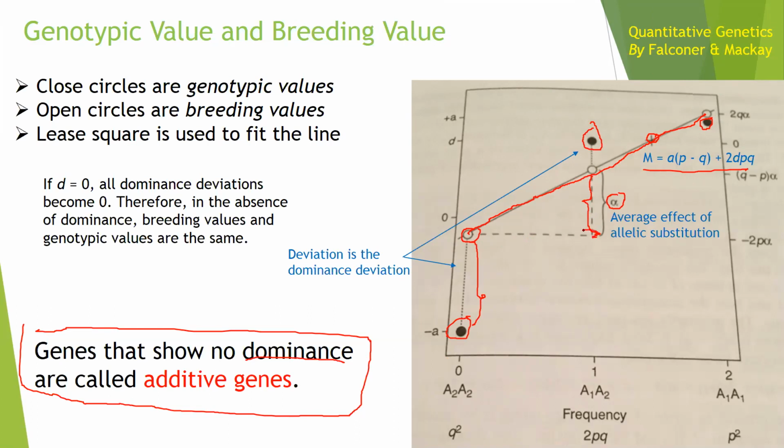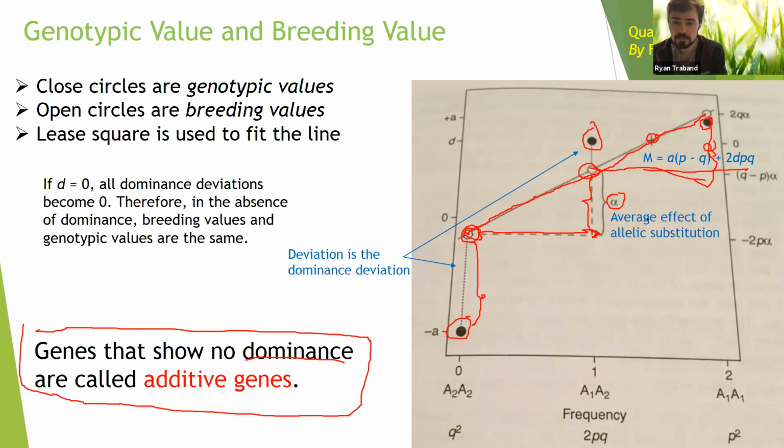So the difference between the third breeding value and the second breeding value is alpha, and the same here. This is alpha 2. So those are the differences between breeding values of specific alleles.